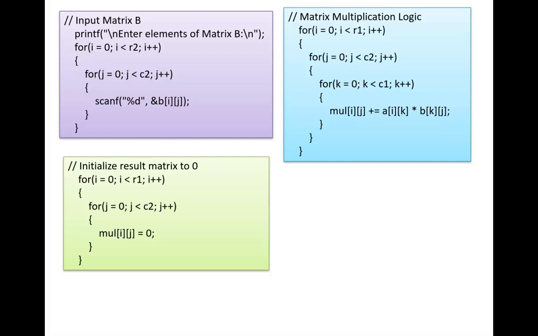For I equal to 0, I less than R1, I plus plus. R1 belongs to row. For j equal to 0, j less than C2, j plus plus. C2 belongs to column 2 of matrix B. R1 belongs to A, C2 belongs to B. And there is an innermost for loop which says for k equal to 0, k less than C1, k plus plus.